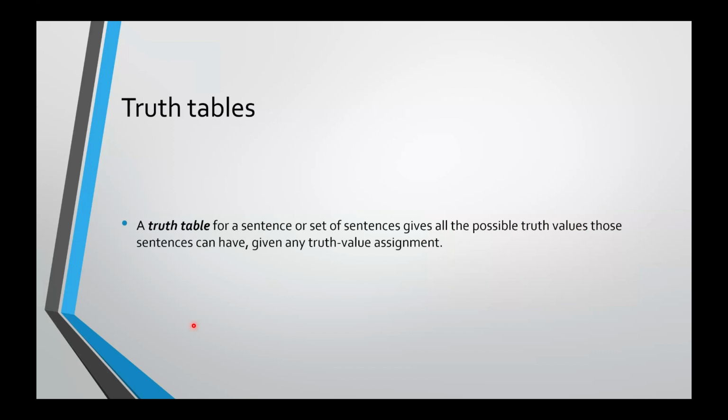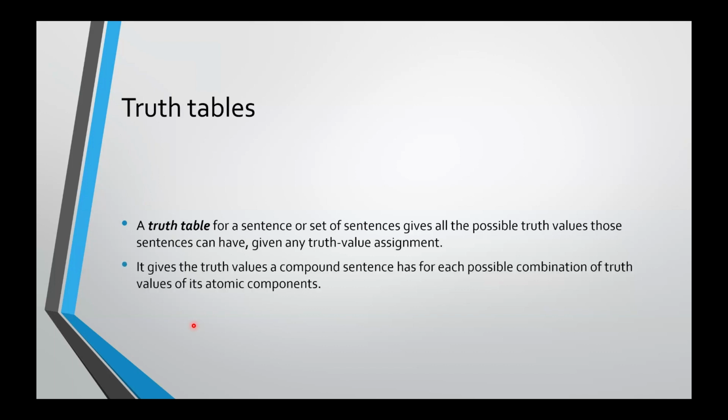Now, what a truth table for a sentence or a set of sentences does is it gives all the possible truth values that those sentences can have given any truth value assignment. Truth value assignments are infinitely large, but the truth value of a sentence will depend only on the truth values of its atomic components. So it'll depend only on the truth values of the sentence letters that are components of that sentence.